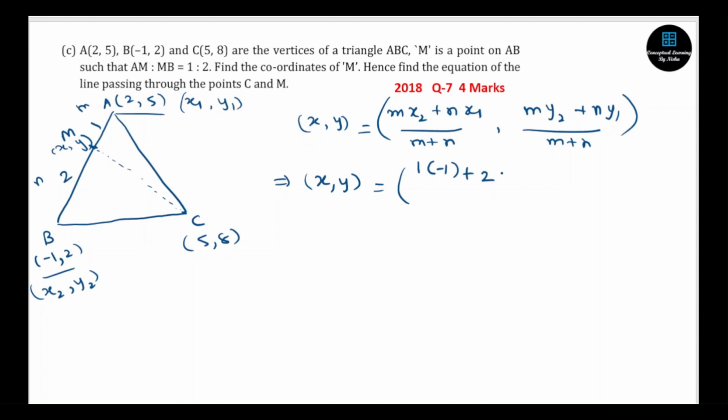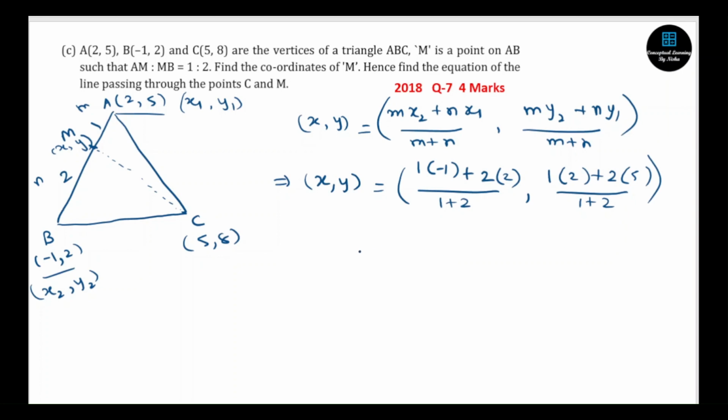So 2 times, what I have to take? m into x2 and n into x1. So n is 2 and x2 also for me upon 1 plus 2. Again m is 1, y2 is 2, plus 2 into y1 is 5 upon 1 plus 2.